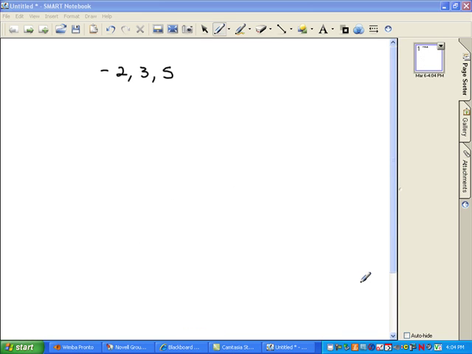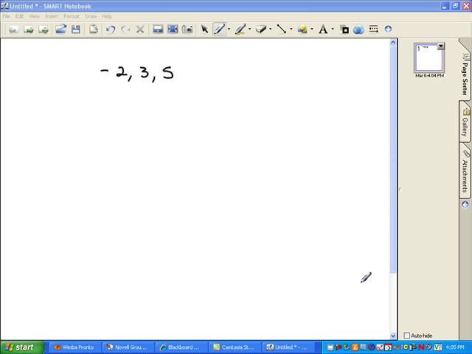To find a polynomial with the given zeros, we must first go backwards and write the polynomial in its factored form. Remember that when we were trying to find the zeros, we set the factor equal to 0 and we solved. So in this case, we'll go backwards, and -2 will actually become x plus 2.